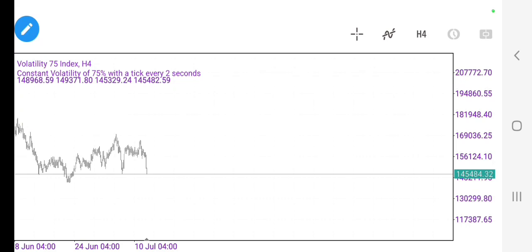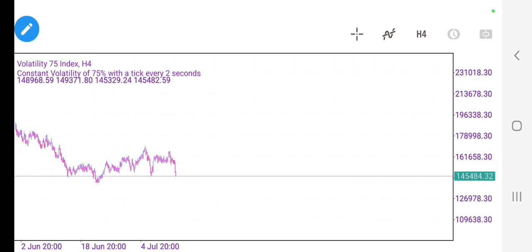So today we are going to be seeing how to identify the overall trend. As well, trader divers, for us, when we are identifying the overall trend of the market, we have to start from the high time frame, and our high time frame is always H4.